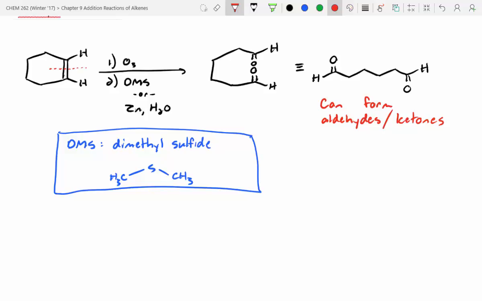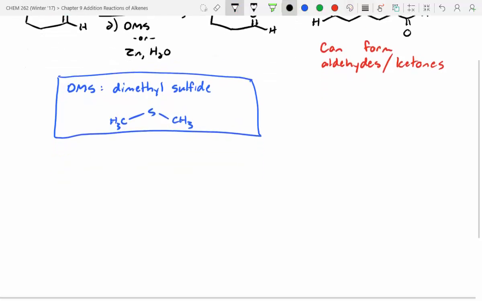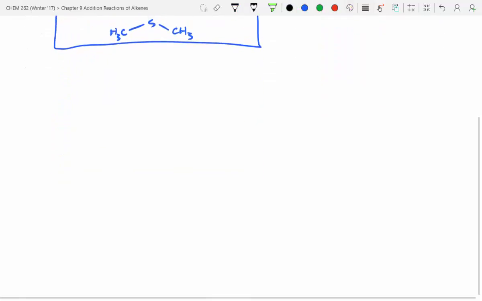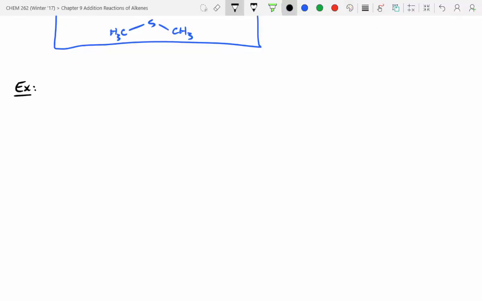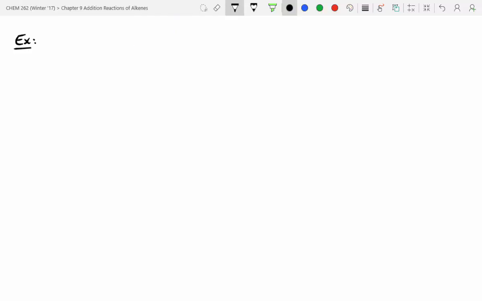All right, let's take a look at a few examples. And I want you guys to help me predict what the products would be out of this. So step 1, we're going to treat this with ozone.